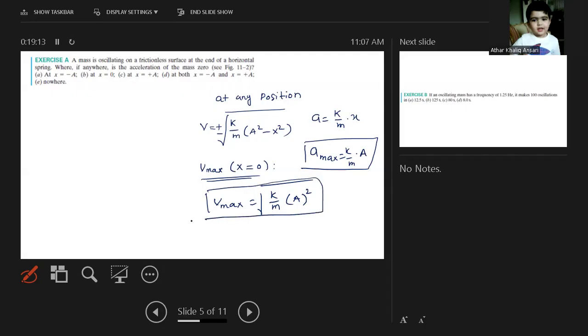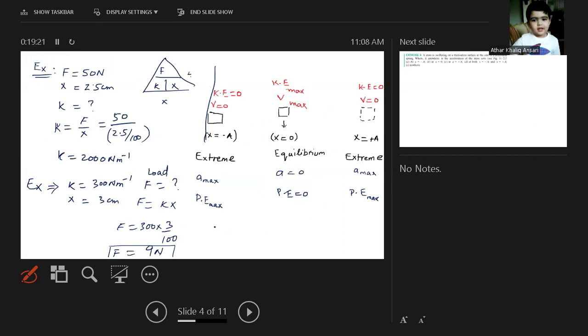Now come to the other point. When you talk about energies, the total energy is equal to the sum of kinetic energy plus potential energy, and this total energy is always equal to half k a squared.